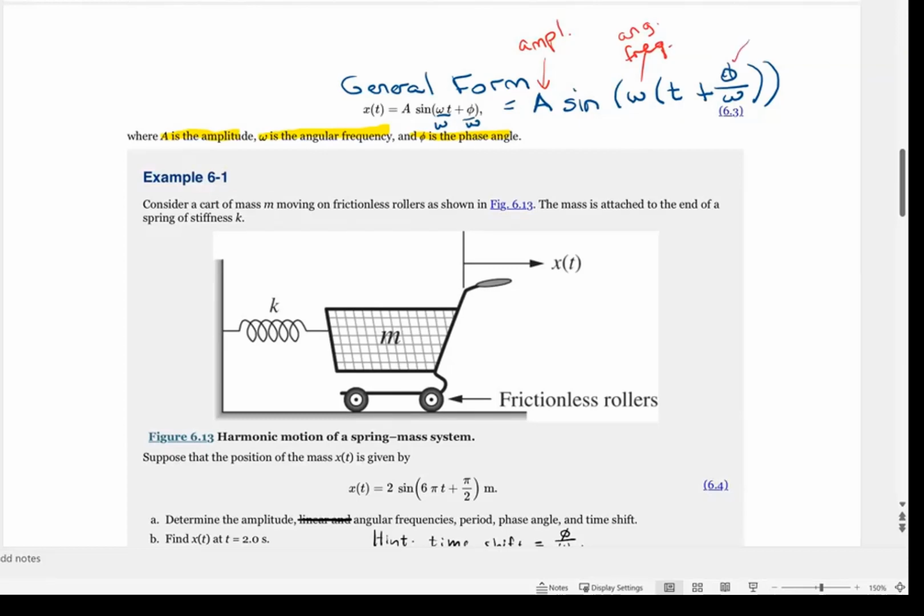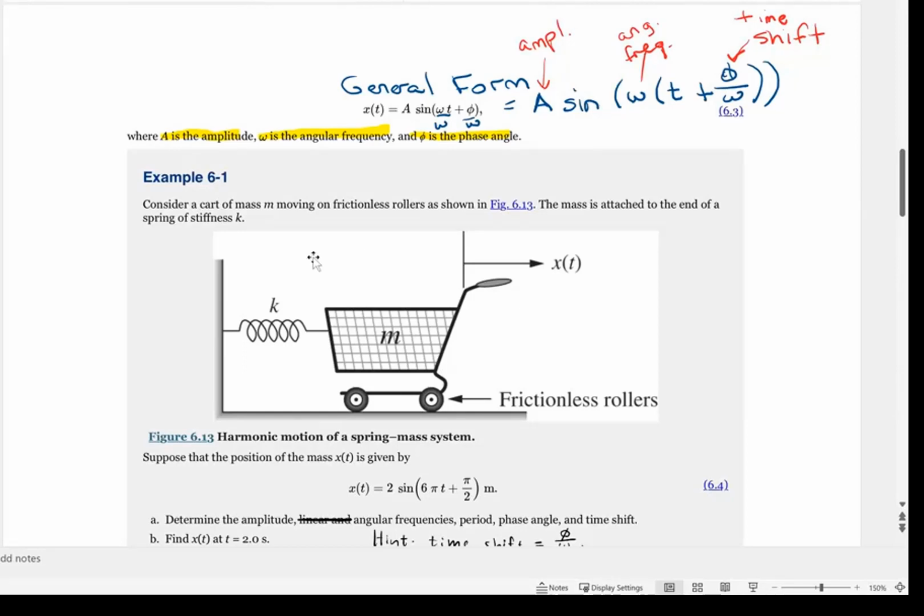And now, instead of it being called our phase angle, this is called our time shift, which is basically our horizontal shift. So if you want to know how much you're going to shift something to the right or to the left, you would look at that number after you factor out that omega. Okay. All right. So now let's do this problem.